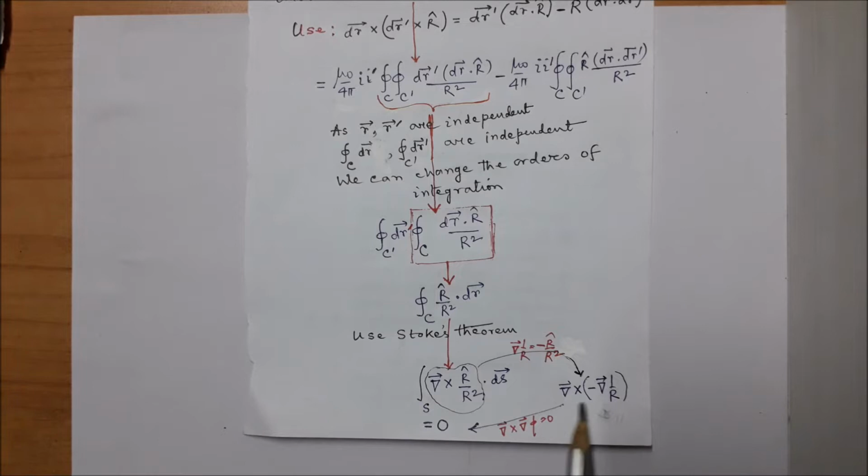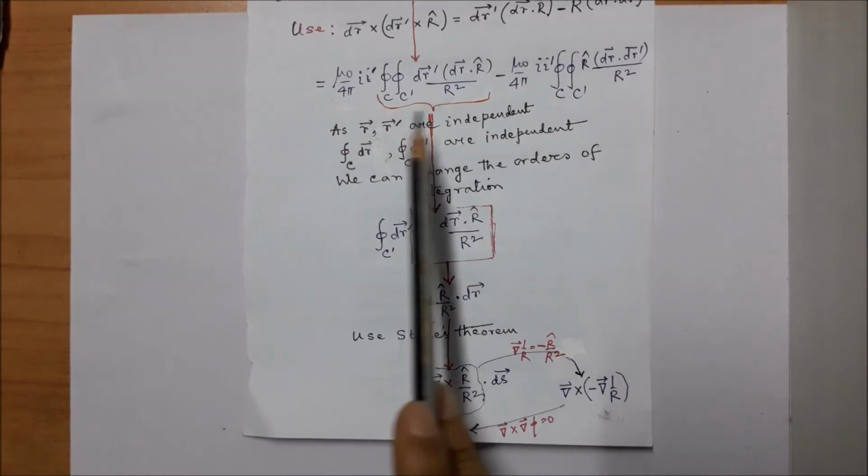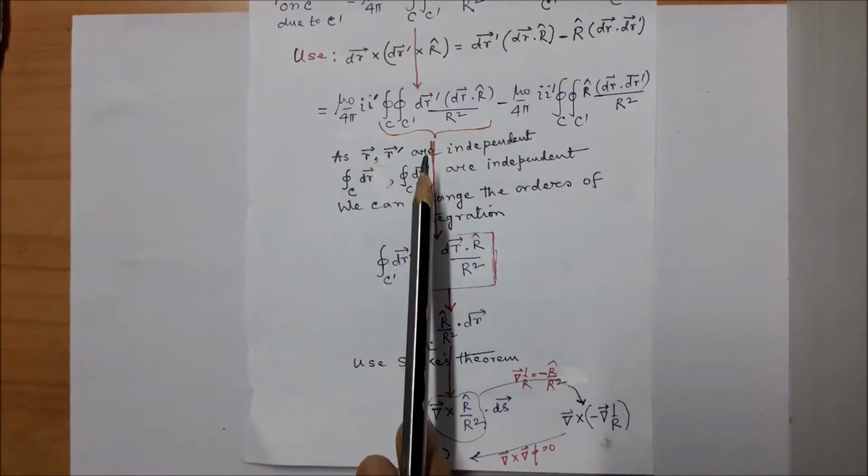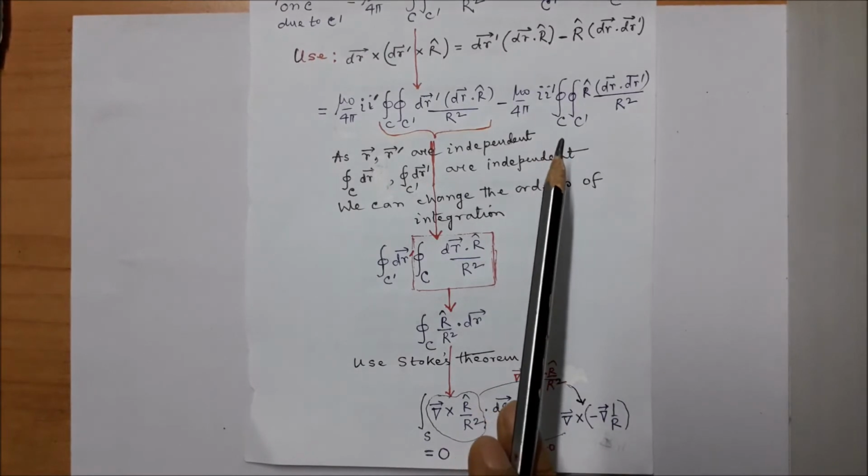Now it's a vector identity that curl of grad of any scalar function is 0. So if we put it in, the integrand becomes 0. So the first term is 0 and we only have the second term.